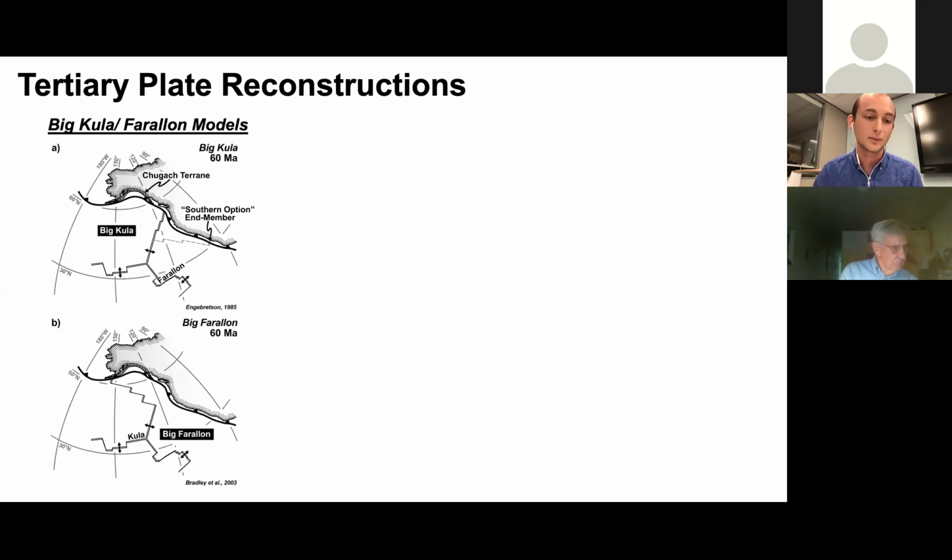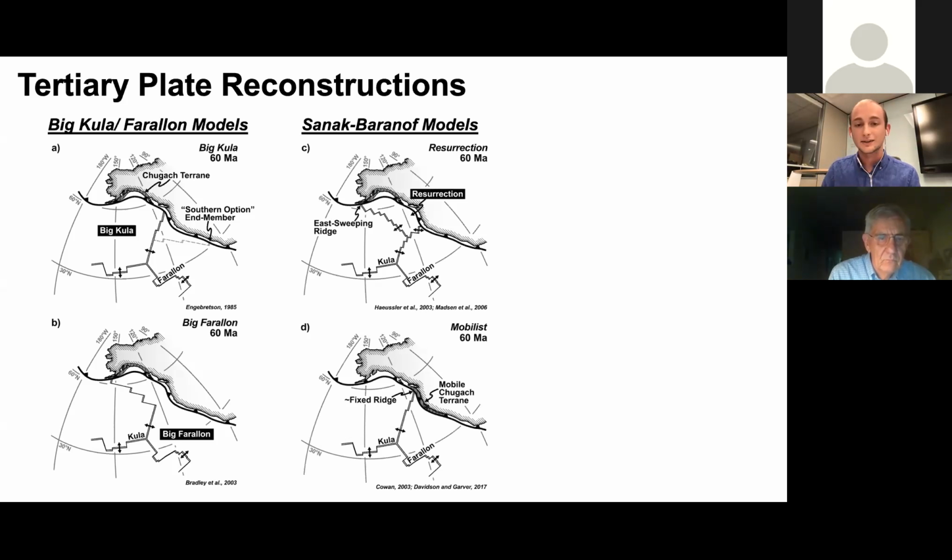However, the challenge that these models have to deal with is that each scenario, whether it's the Alaskan scenario or the Pacific Northwest one, can only account for one of these coeval suites of near trench magmatism at a time. And to try and address some of these difficulties, there's an additional class of plate tectonic model which tries to explain both suites of near trench magmatism at the same time.